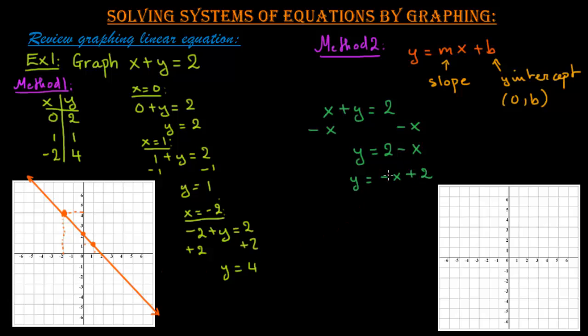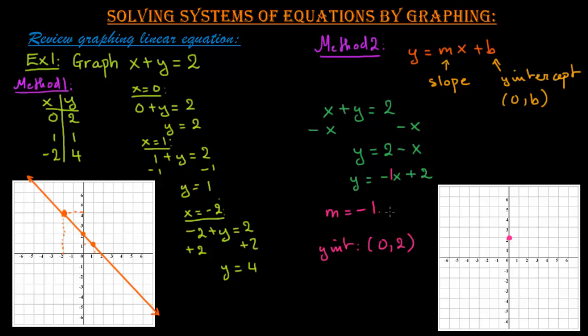From this one I can pull out that my slope is negative 1. When you don't see any number in front of a variable, it means we have 1 in front of the variable. So with this negative 1, my y-intercept is (0, 2).